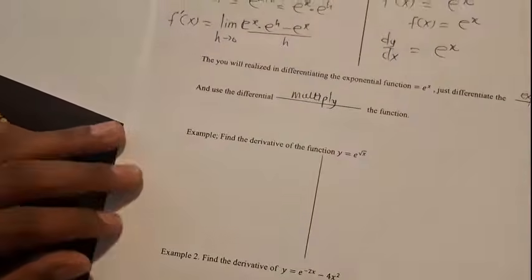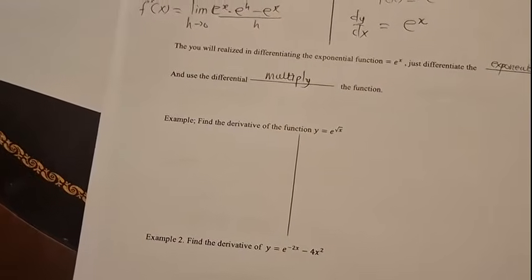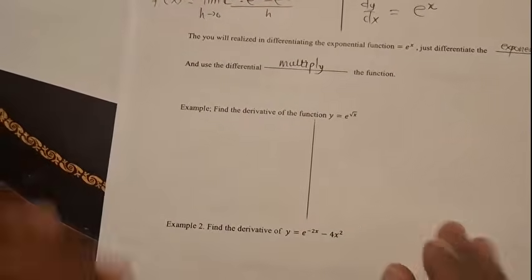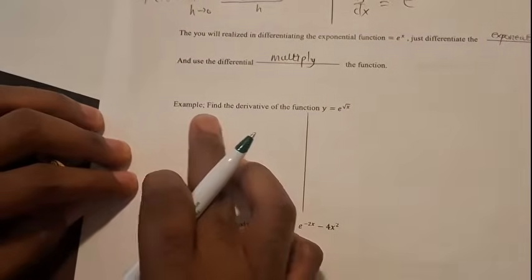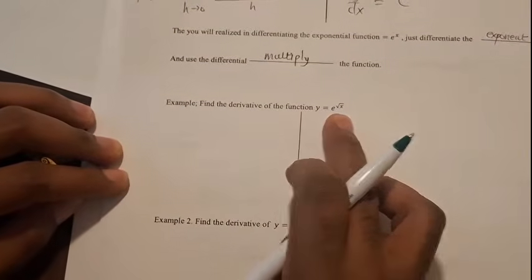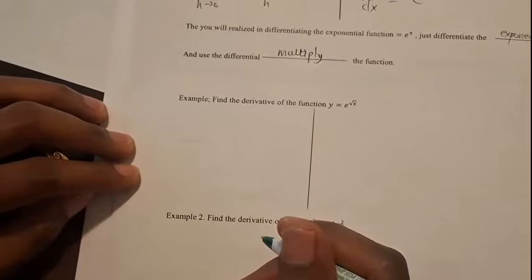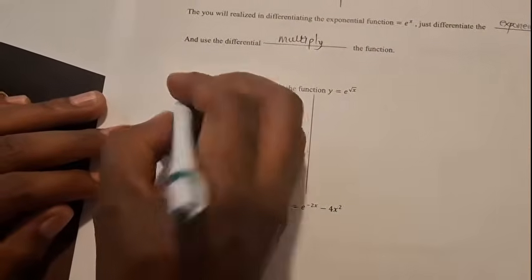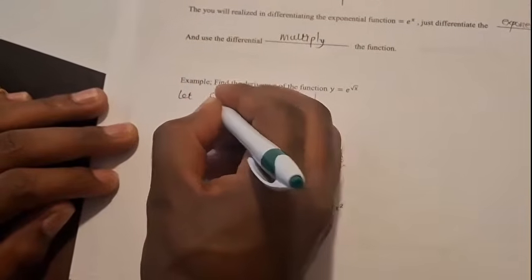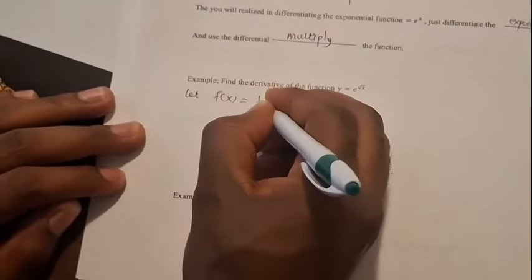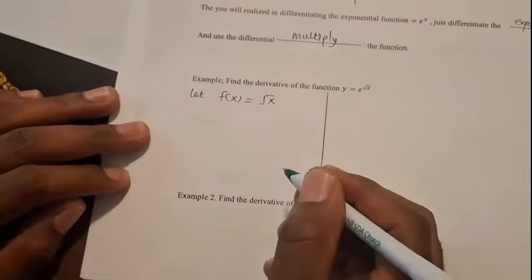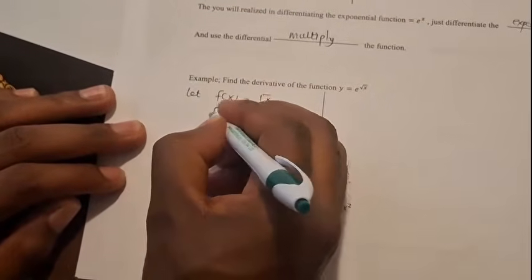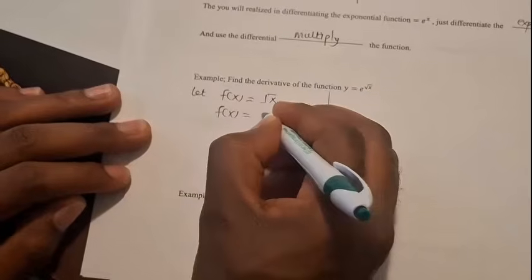So we are going to use that idea to find the derivative of any exponential function. For example, find the derivative of the function y is equal to e exponent root x. So we need to first find the derivative of the exponent, then we just use it to multiply the function, and that becomes the derivative of the function. So we let our f of x be equal to the exponent in this case. So our f of x is equal to x exponent half.